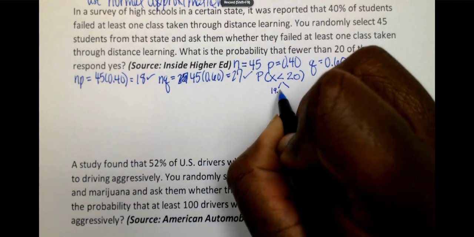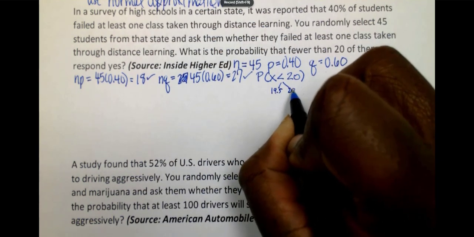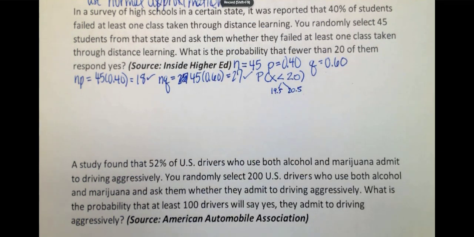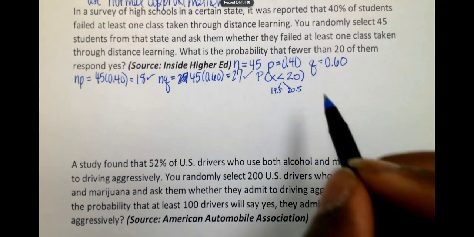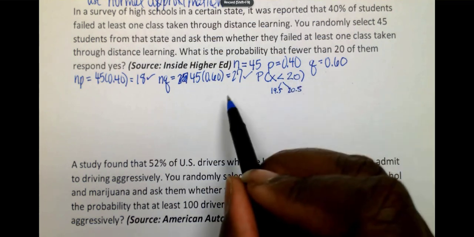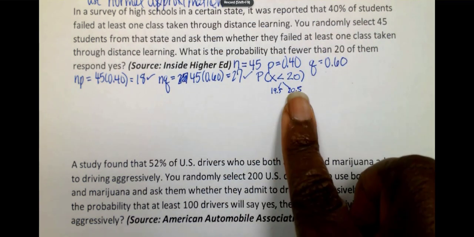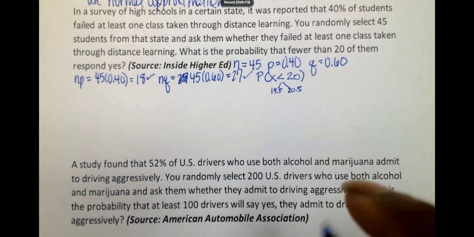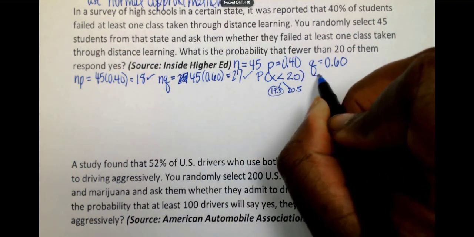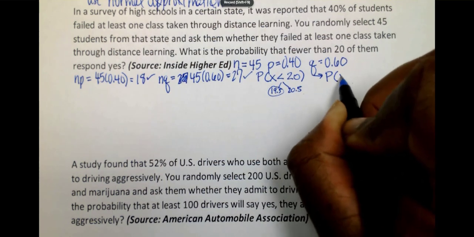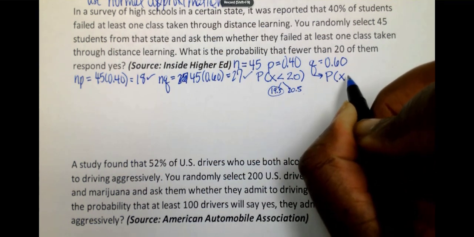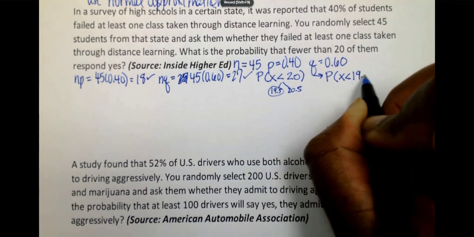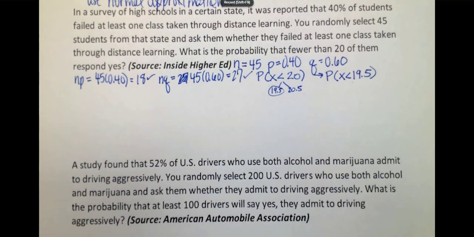Is it going to be 19.5 or 20.5? Fewer than 20, I want below 20, but I don't want 20. This includes 20, this does not include 20 when we're going below. So we want this one. So we correct this to 19.5.